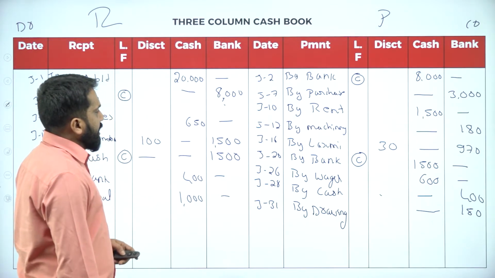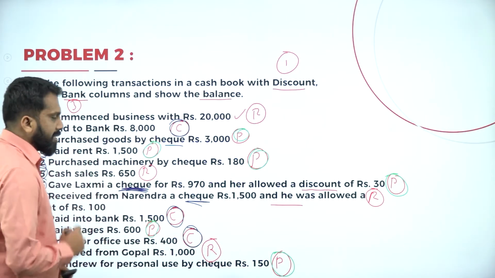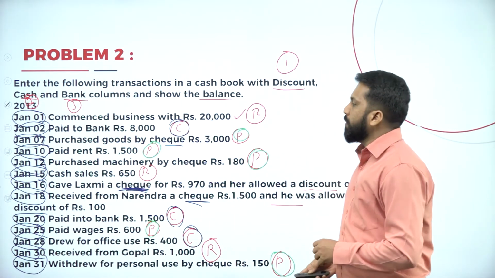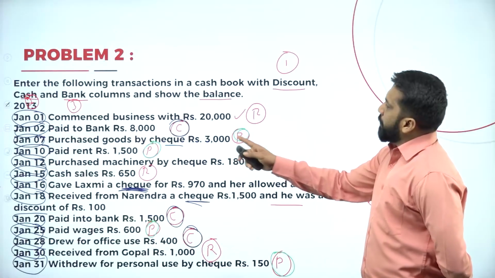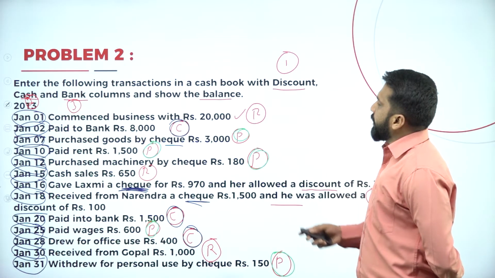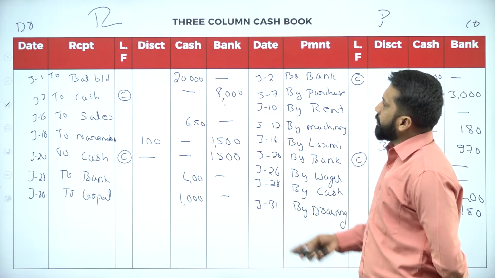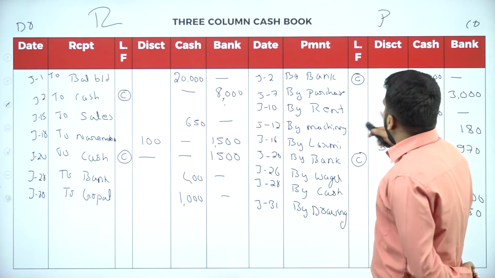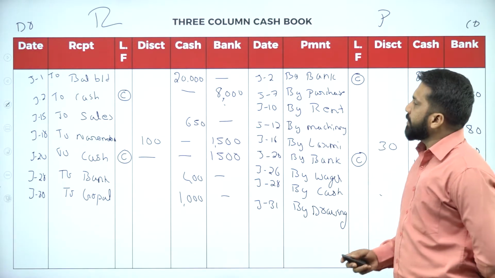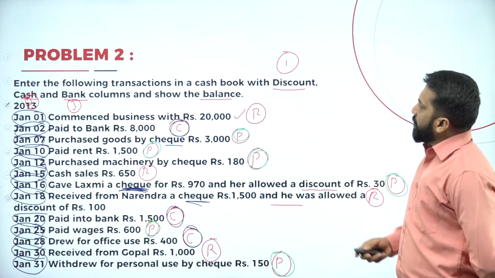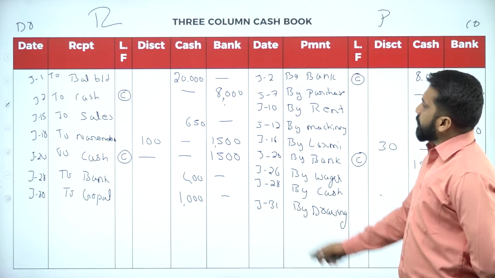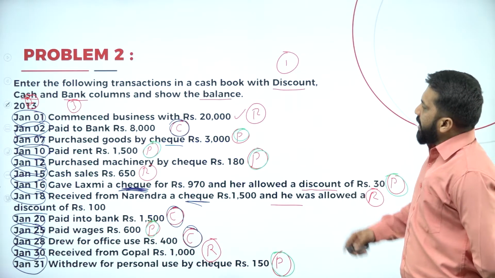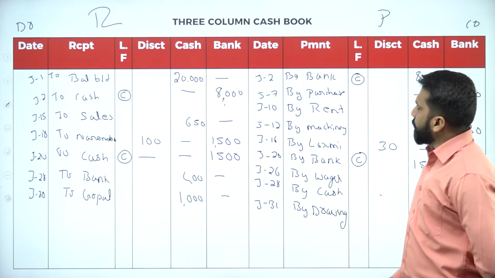Now, so these are the information we have done up to 30. Just we will check once whether we have taken everything properly. Now, first one, commenced business with cash 20,000. We have taken 20,000. Next, paid to bank 8,000 and 8,000 both the sides. Then, purchase goods by cheque 3,000. So, purchases 3,000 we have considered. Now, paid rent 1,500 we have taken.